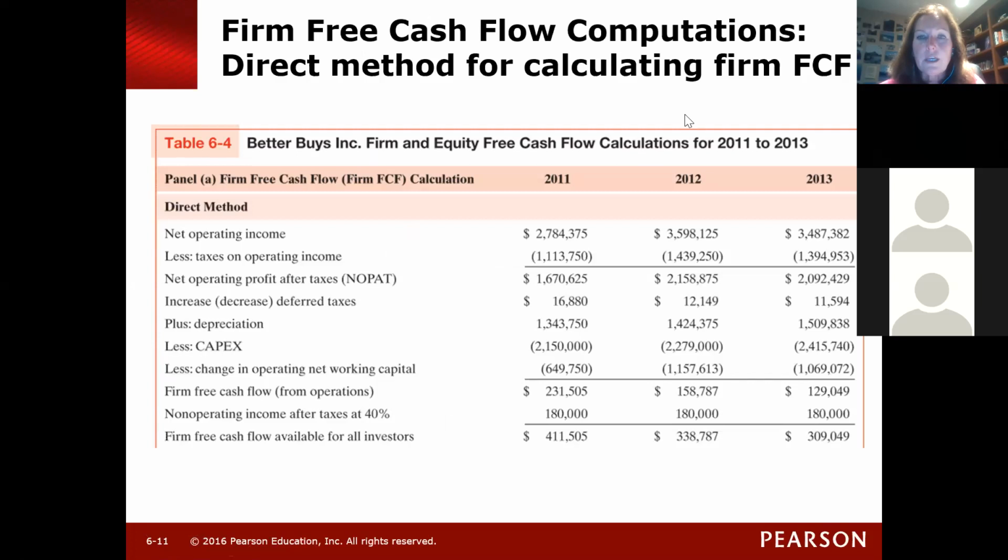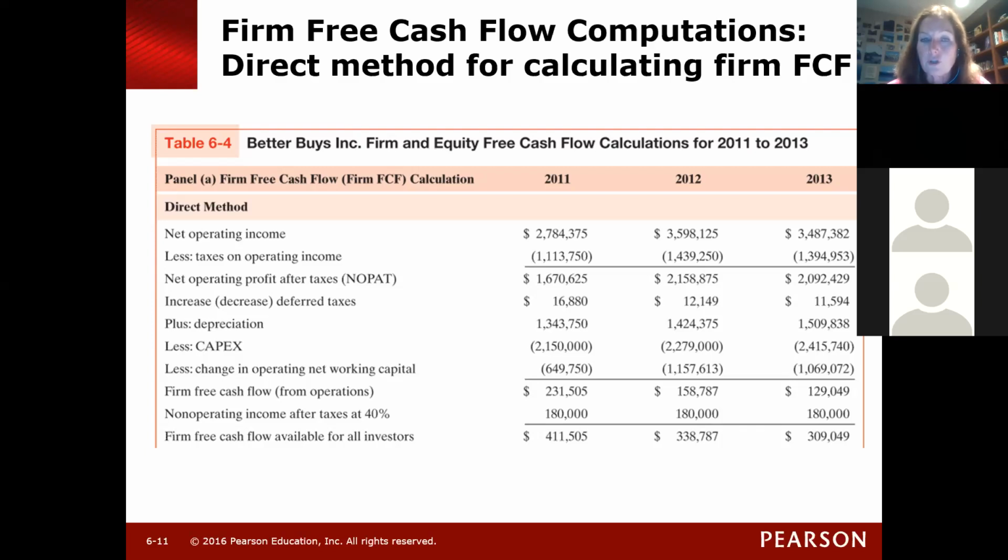All right, so if we're trying to figure out the firm's cash flow calculations from the direct method, we only want to look at what's happening from operations first. We're going to look at those investments separately, but first we're just looking at operating income. We subtract out the taxes on operating income. So if your tax rate's 40%, take 40% of your net operating income to get your taxes.